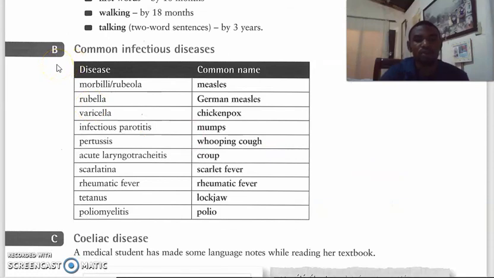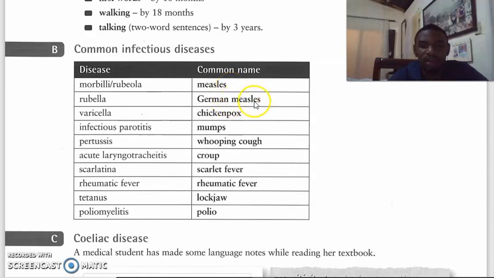B. Common infectious diseases. Morbilli, rubella, varicella, infectious parotitis, pertussis, acute laryngitis, scarlatina, rheumatic fever, tetanus, poliomyelitis.